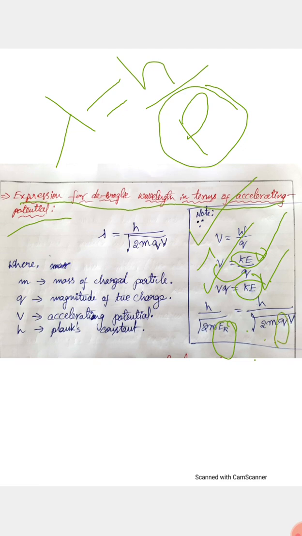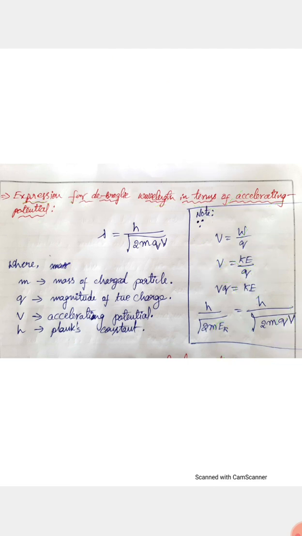In place of kinetic energy, we have written Q into V. The de Broglie wavelength in terms of kinetic energy from the previous one is now expressed in terms of the accelerating potential, since kinetic energy is equal to potential into charge. So in place of Ek, we have written Q into V.